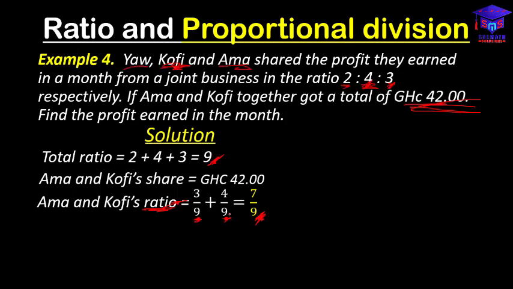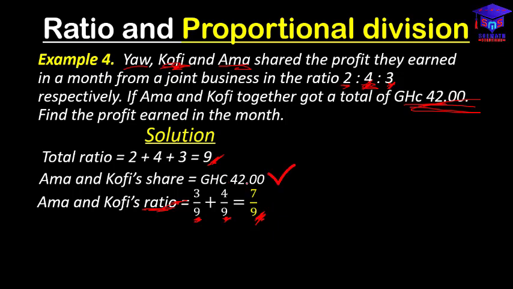Now we have been told that Ama and Kofi together took 42 Ghana cedis. Also we are able to find that Ama and Kofi's total fraction is 7/9. We don't know the total amount of profit that they earned, but assuming we know the profit, we could have said that Ama and Kofi's share, in fact this 42 Ghana cedis, was obtained by multiplying their total fraction by the total profit.